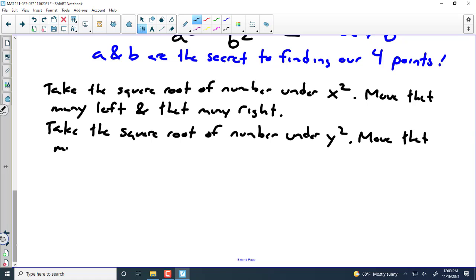Move that many up and that many down. This will actually give you 4 ordered pairs on the ellipse. The secret is taking the square root of the number under X squared, the square root of the number under Y squared, and that will tell you exactly how far to move up, down, left, and right to get 4 exact points on your ellipse. Every single time this will work. Every single time.